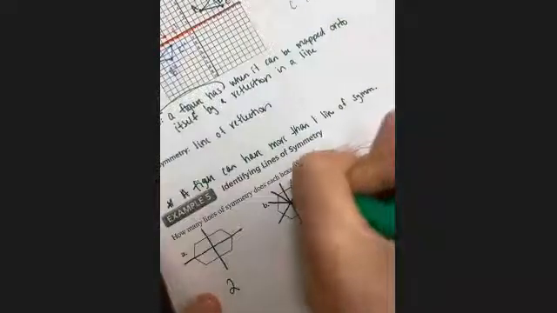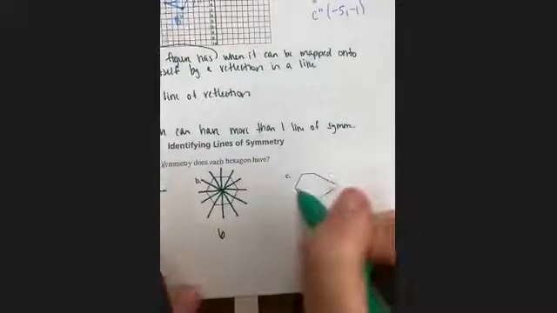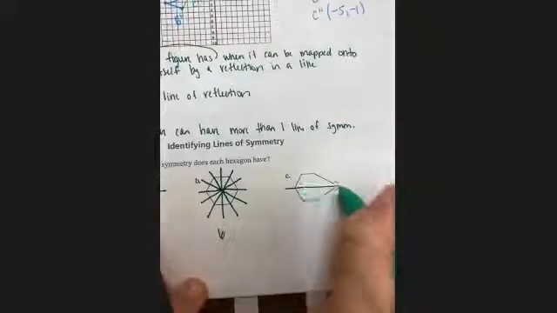Okay, now it also has a line of symmetry going through every set of corners as well. So it has a total of 6 lines of symmetry. Okay, and the last one, the only way that I can fold this onto itself is side to side. So it just has 1.